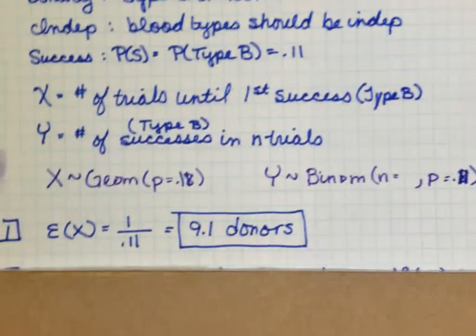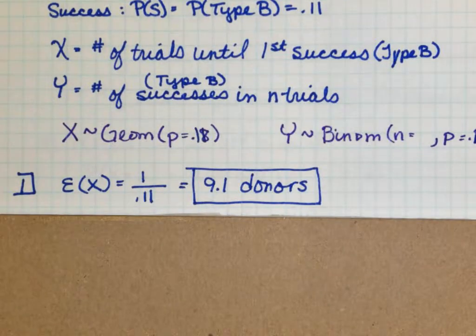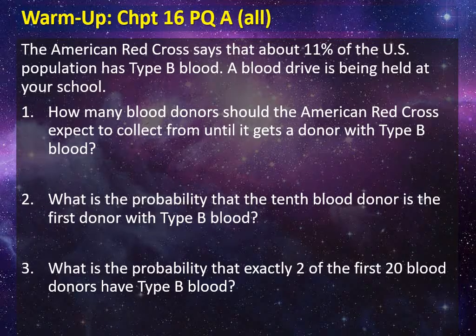The type of thing that I'm expecting you to write here is, as we go through and do these problems, the first question said, how many blood donors should the American Red Cross expect to collect until it gets a donor with type B blood? So is that a go until or a set number? That's go until.